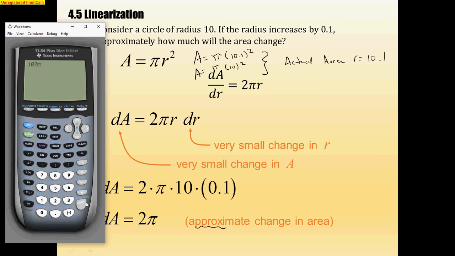That's the area of a circle with radius 10, but what if I have 10.1 as my radius?